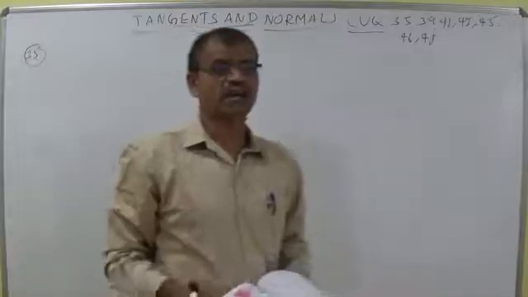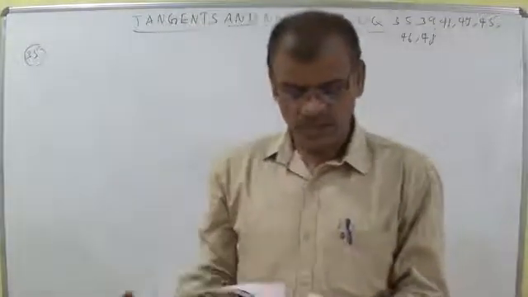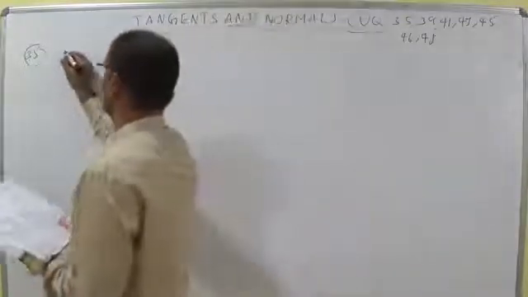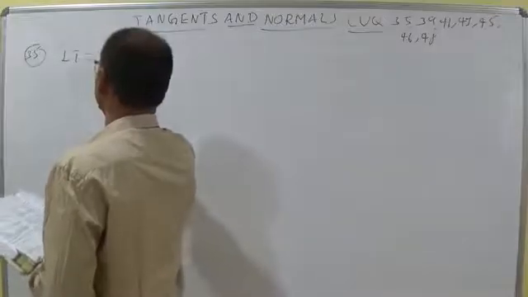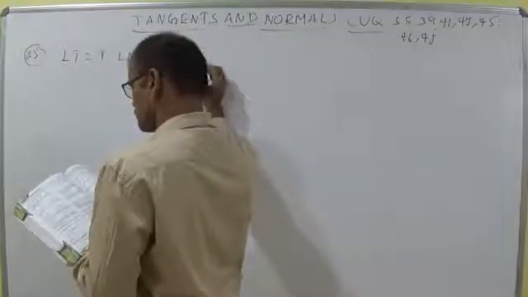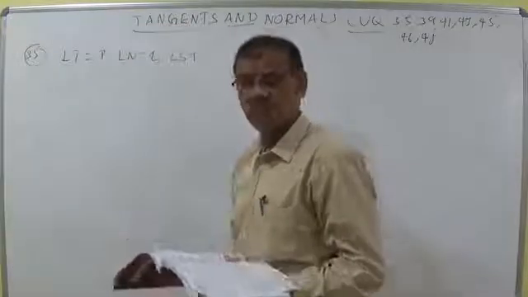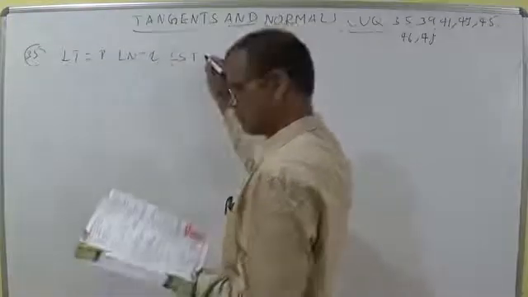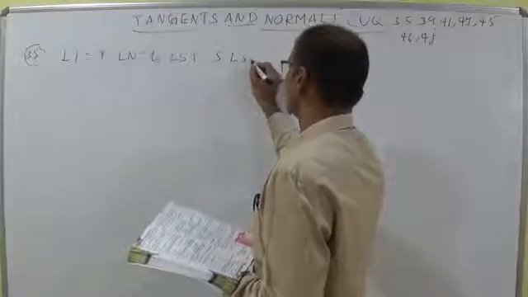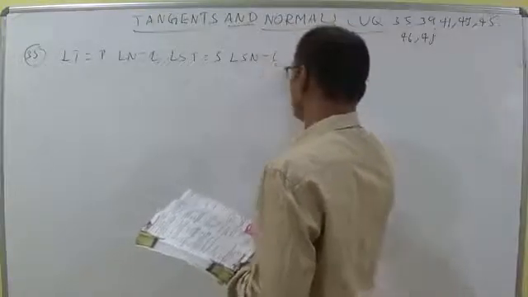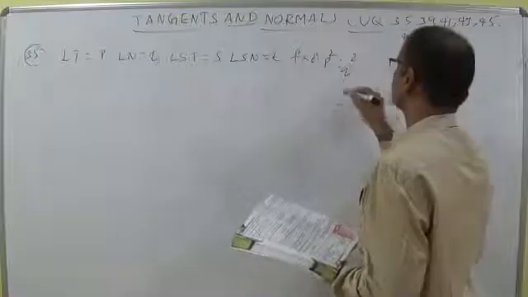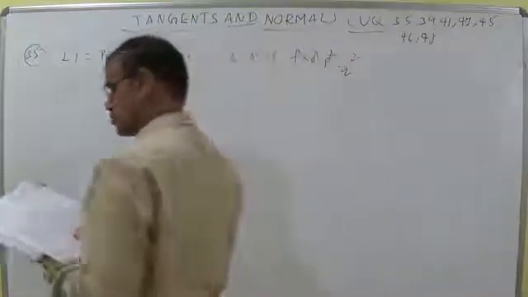The lengths of tangent, normal, subtangent, subnormal are denoted with the letters P, Q, S, T. Length of tangent P, length of normal Q, length of subtangent S and length of subnormal T. Then calculate the value of P square is to Q square.